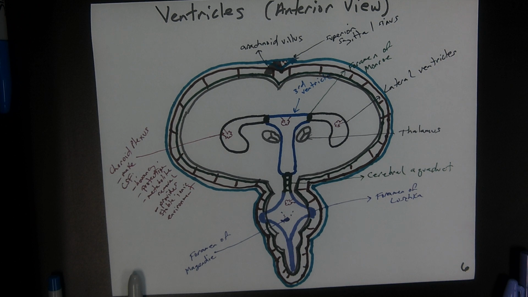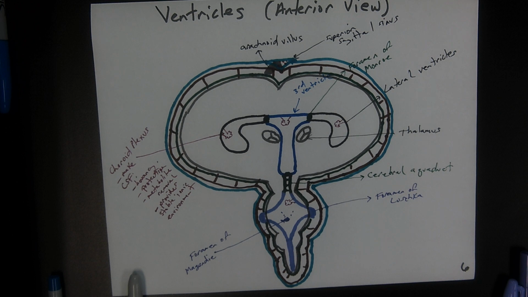What's the difference between the arachnoid villus and the bridging veins? The bridging veins connect venous circulation, your venous system, to the superior sagittal sinus. The CSF is drained from the subarachnoid space into the superior sagittal sinus. So two different systems. Arachnoid villi are different than the bridging veins. Bridging veins are veins.